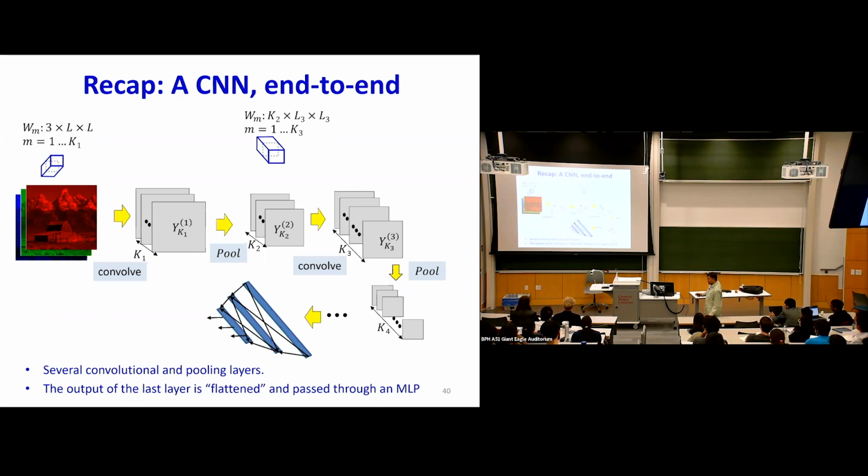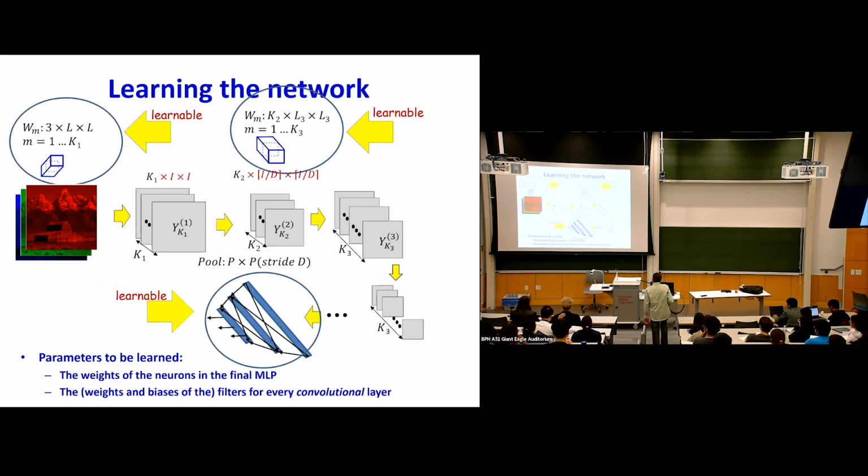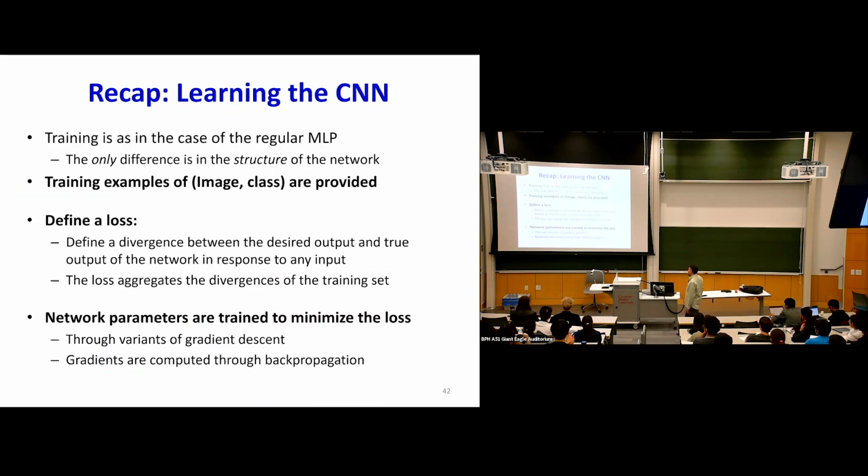Then at the final output, you would have a collection of maps, but then you could unravel each of these maps and flatten the entire set of numbers into one large vector, over which you could compute an MLP. So when you're speaking of learning the network, you're speaking of learning all of these filters and the parameters of this MLP.